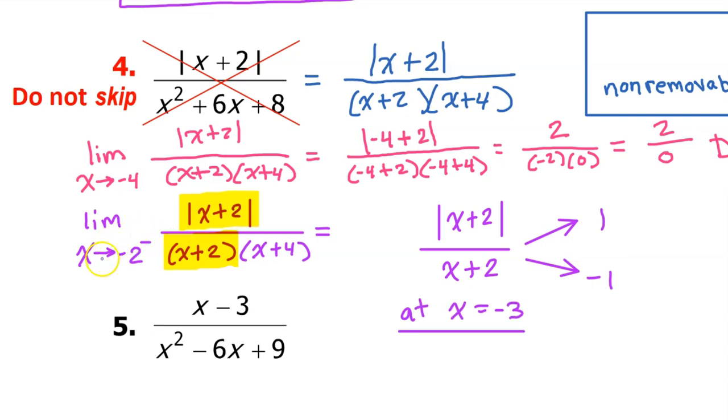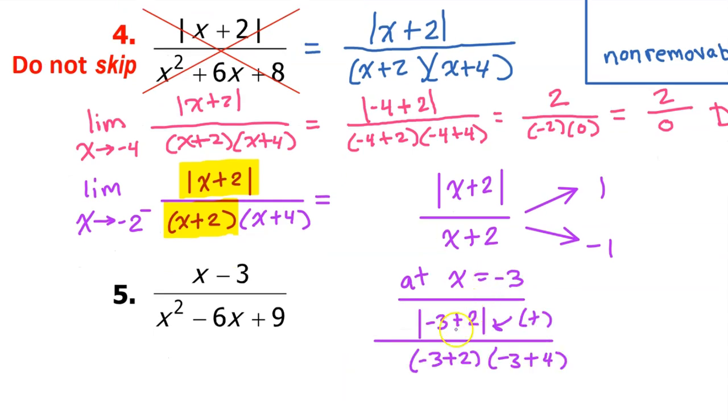Since we are trying to find the limit as x approaches -2 from the left, let's use a test value to the left of -2 and see what happens. For example, let's use x equals -3. Again, the numerator is automatically positive because of the absolute value, but this first factor is going to be negative because negative 3 plus 2 is negative 1, while the second factor is going to be positive.